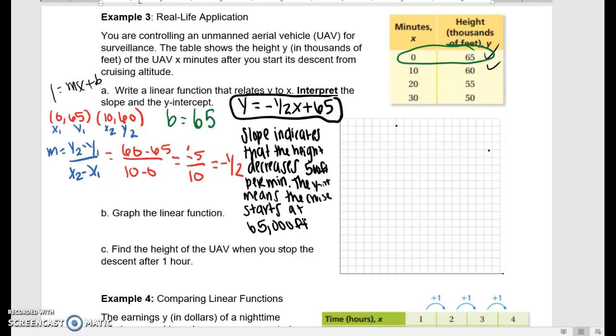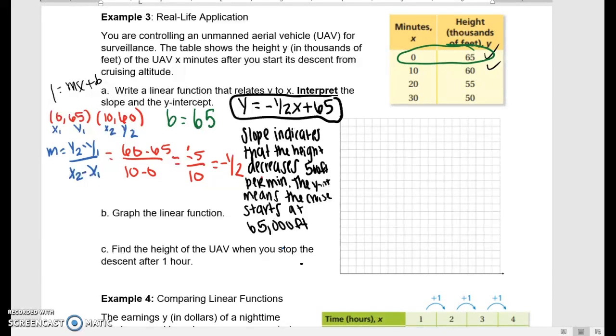Okay, so the slope indicates that the height is decreasing. The reason it's decreasing is because it is negative. And the reason it's 500 feet per minute is because if you were to make this into a fraction or a decimal, it would be 0.5. The y-intercept, remember that's in 1,000 feet, means that you are starting the cruise at 65,000 feet.